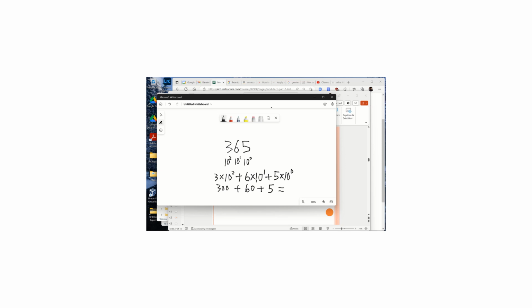So now it's 365. And the same method applies to any number system that's based on anything greater than or equal to 2.